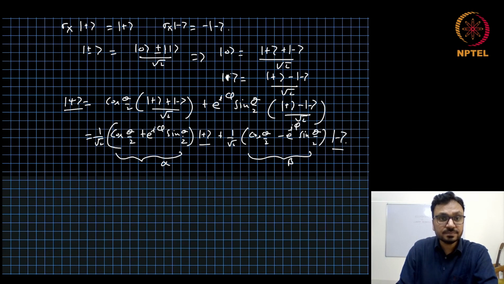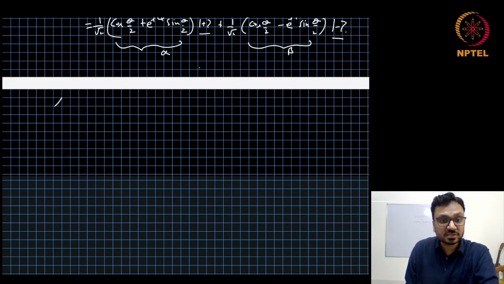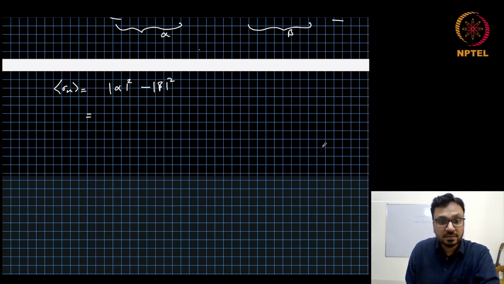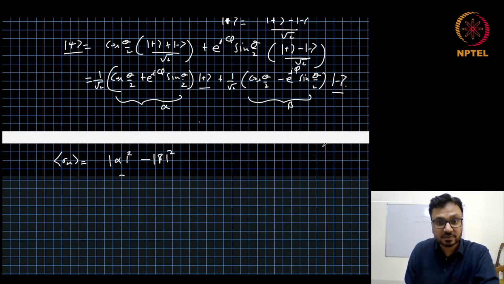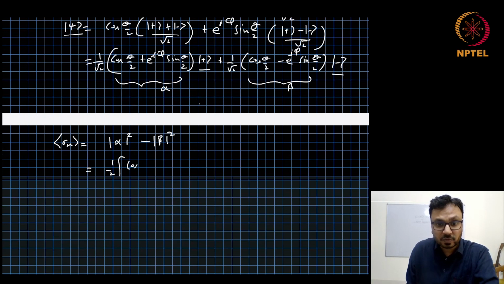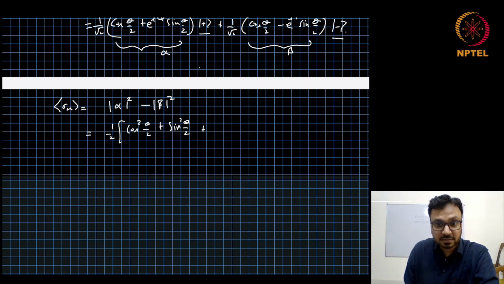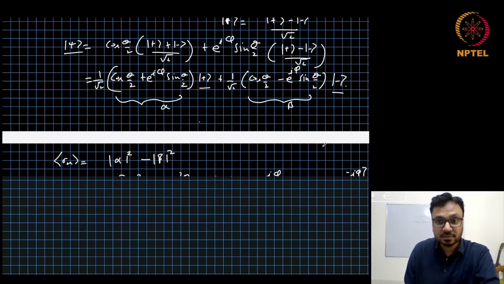Once we have this, it's straightforward to write the expectation value of sigma x, which will be alpha mod square minus beta mod square, which will be half. We just take the mod square: cos square theta over 2 plus sine square theta over 2 plus sine theta over 2 cos theta over 2 exponential of i phi plus sine theta over 2 cos theta over 2 exponential of minus i phi, minus half of the square of those.